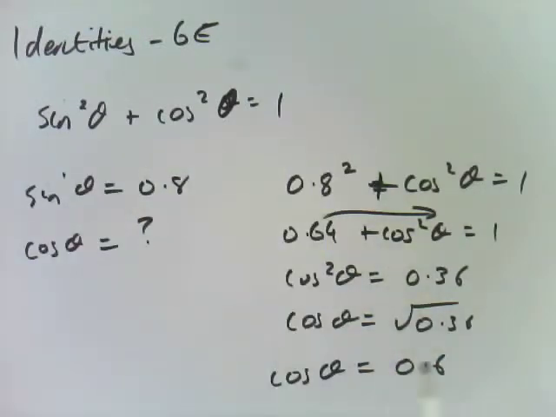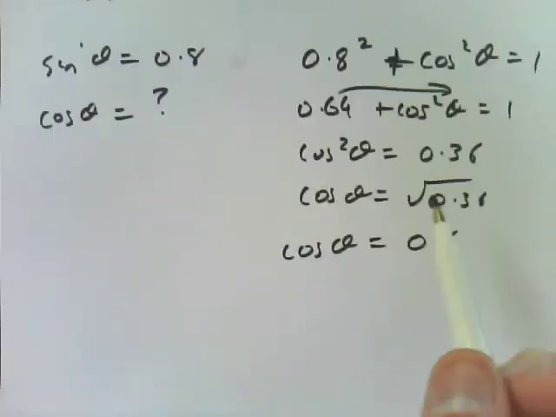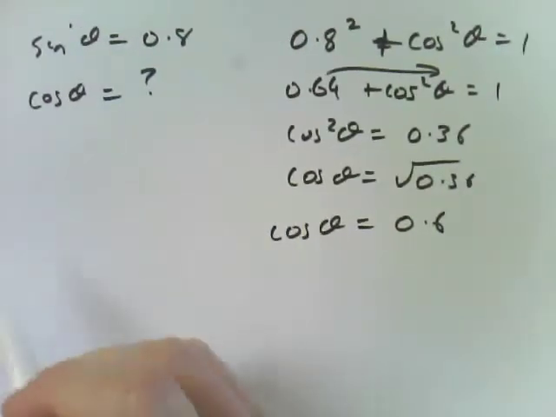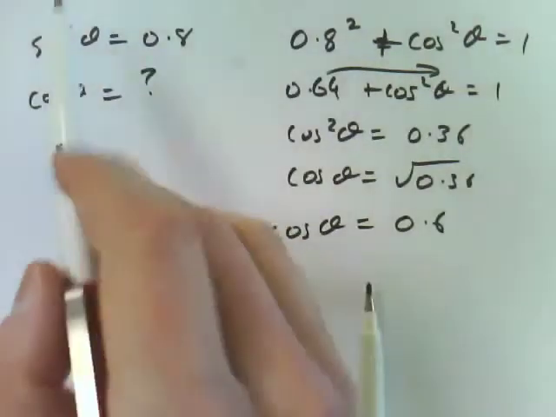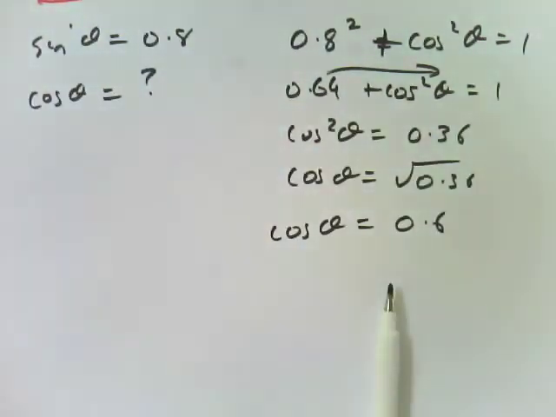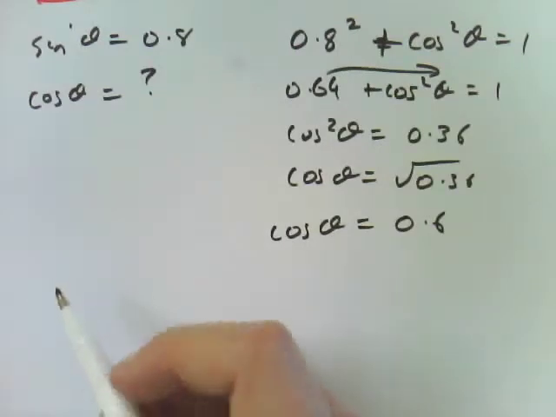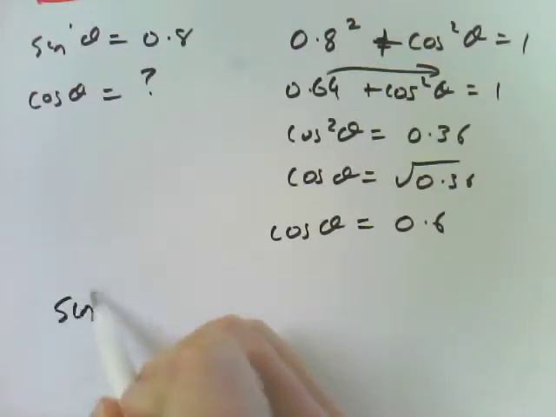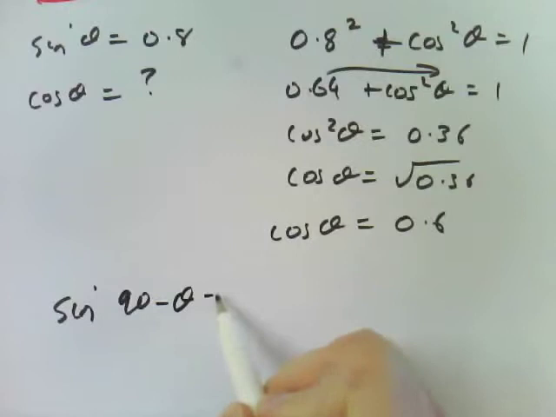They do share quite a few other identities with you on that page. The second one being, let's highlight that in red, sine 90 minus theta actually equals cos theta.